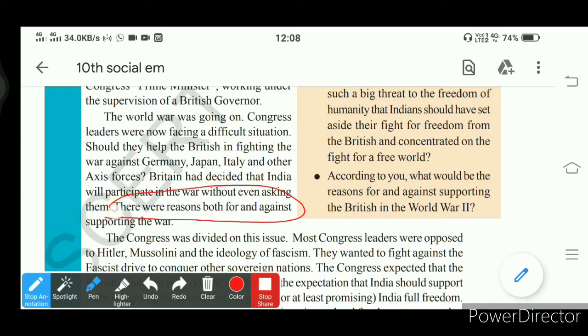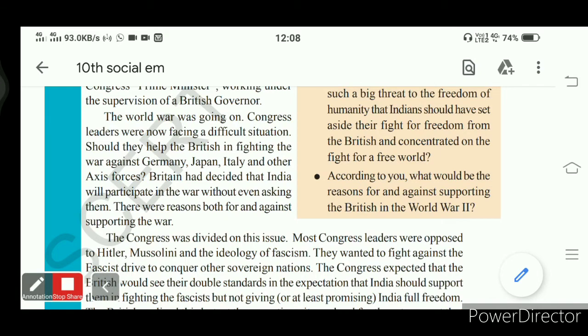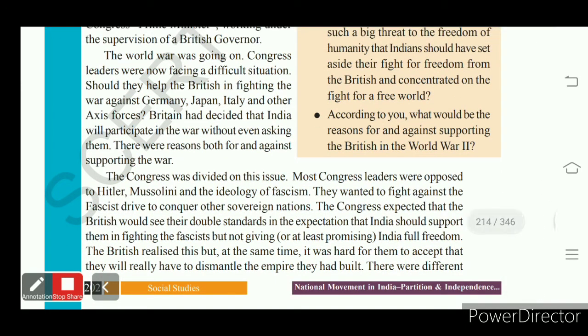Okay, so there were reasons both for and against supporting the war. So here we look at the two reasons to support and not support. And another thing is why we should not support the British here.